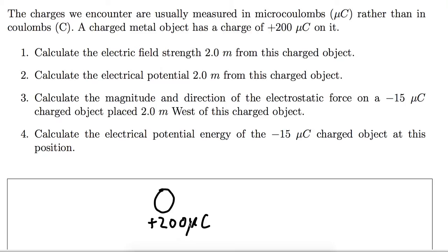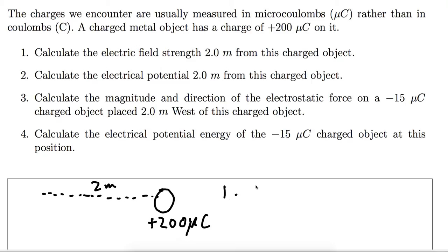So we're working in Coulomb. We're interested in a point 2 meters away to the west and finding out what's happening at that point due to this particular charge. So first question, what's the electric field 2 meters away from the charged object?